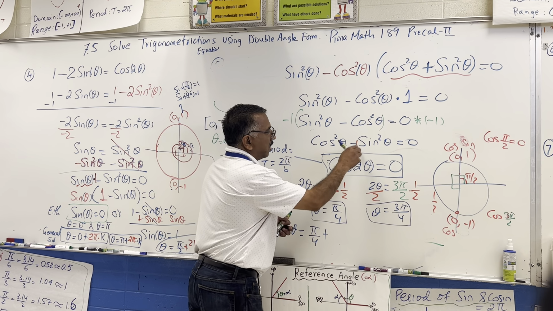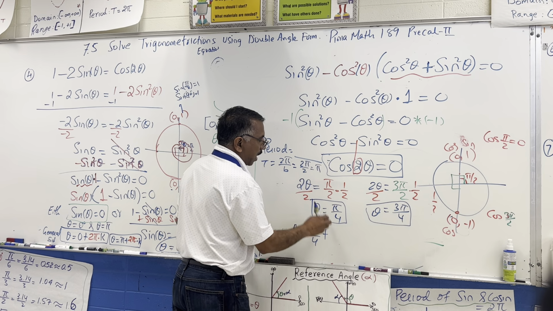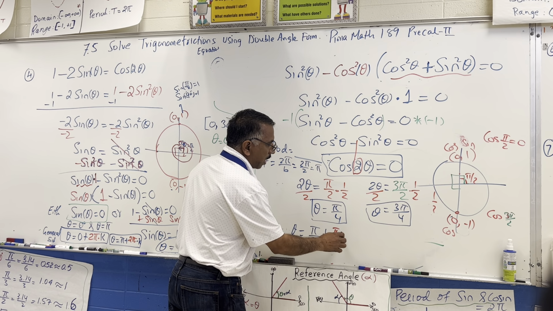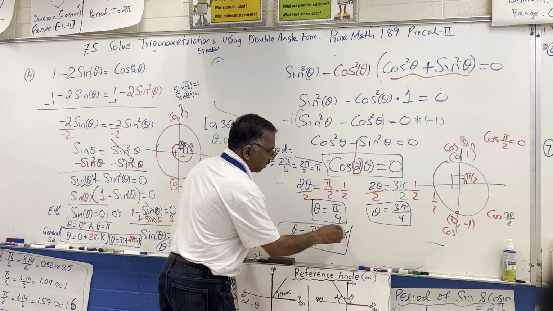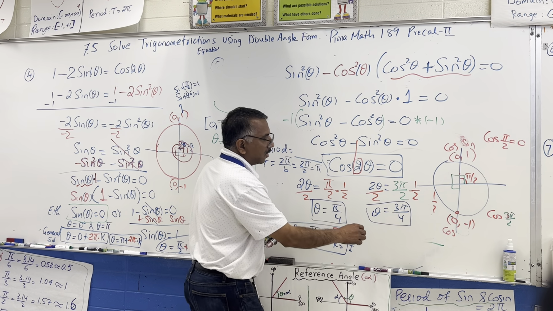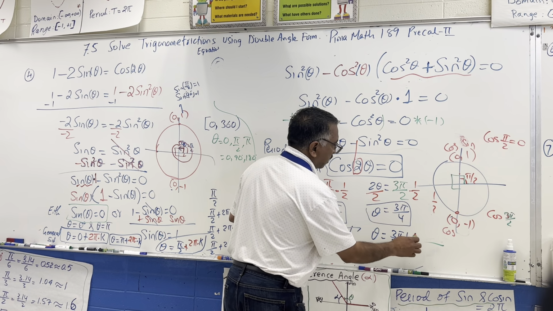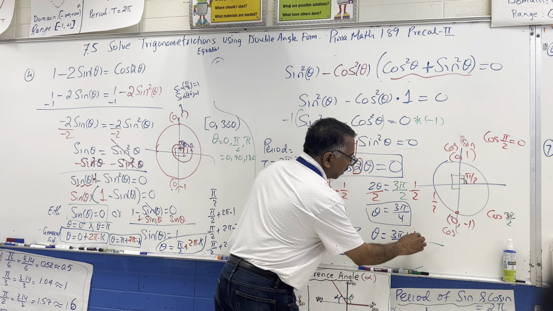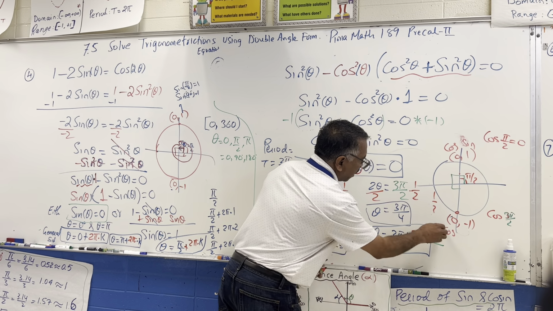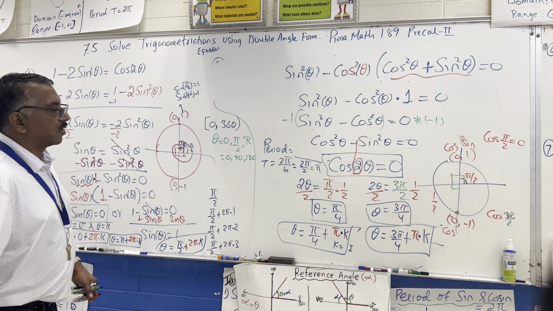So the period is pi, which means everything is a multiple of pi. So it is pi by 4 plus pi times k, where k is an integer, and in this case the same thing, it is 3 pi by 4 plus again pi times k.